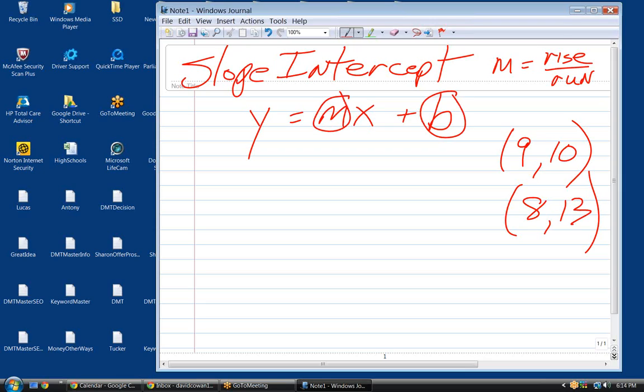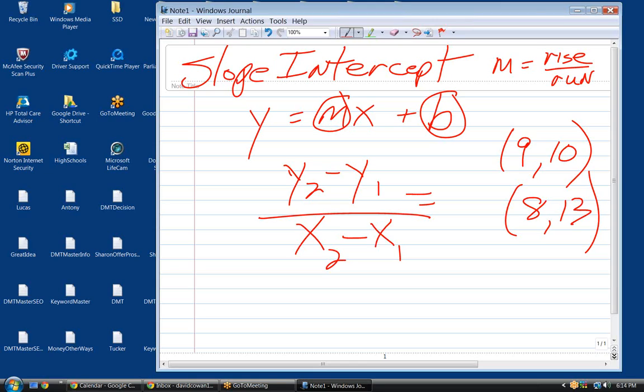Okay? M is what? Slope. But it's rise over run, so how are we going to get it from these 2 points? There's the rise right there: the second y-coordinate minus the first y-coordinate. Here's the run: the second x-coordinate minus the first x-coordinate. So what number does that convert to?